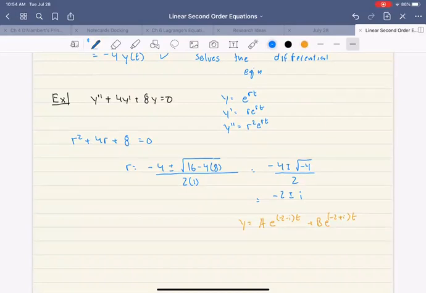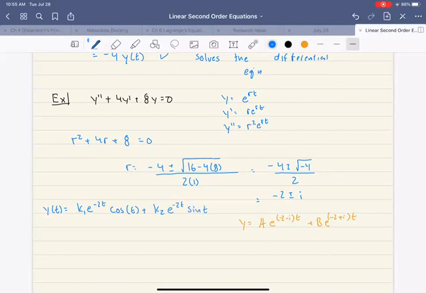What we do here is we're going to take y of t equals some constant, let's call it k1, e to the negative 2t. Okay, so we're pulling that real part in front. Then we're going to have cosine of t, plus k2 e to the negative 2t sine of t.